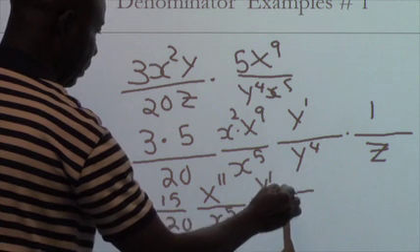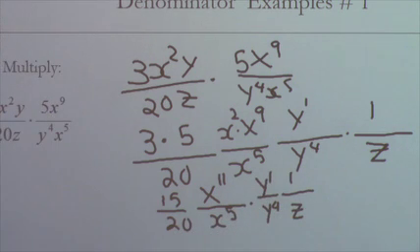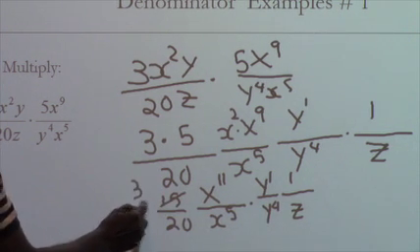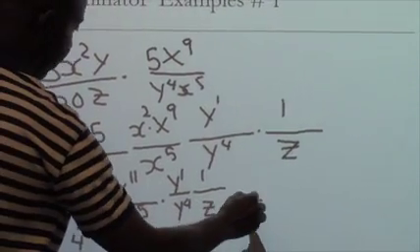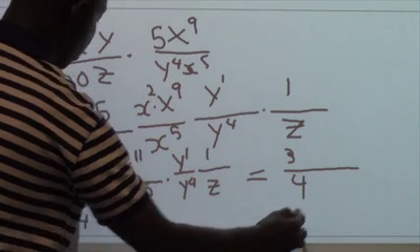And then I'm going to have 1 over z. When I simplify 15 over 20, I can divide this by 5 and get a 3, divide this by 5 and get a 4. So for that part, I have 3 over 4.